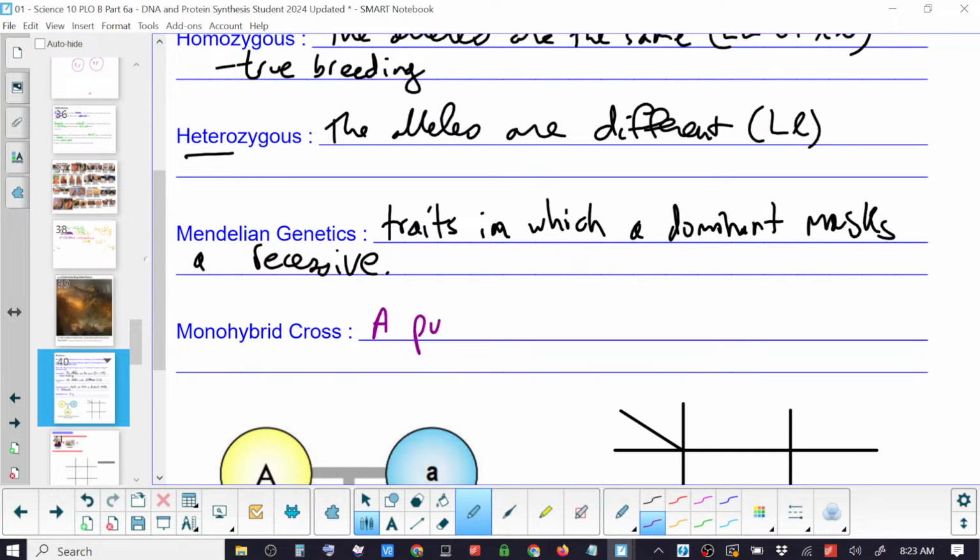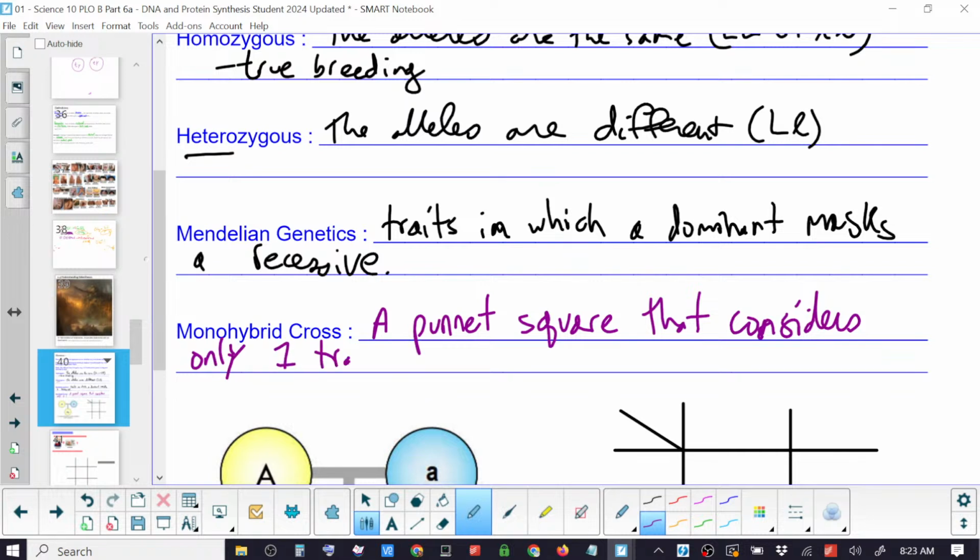A Punnett square considers only 1 trait. Although actually when we do codominance, we'll consider more than 2 alleles, now that I think about it.